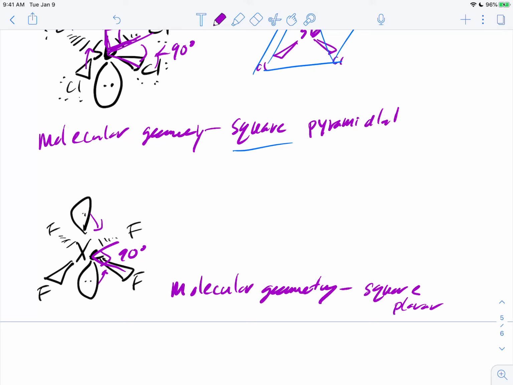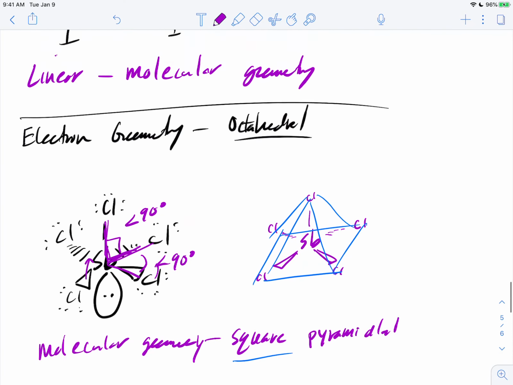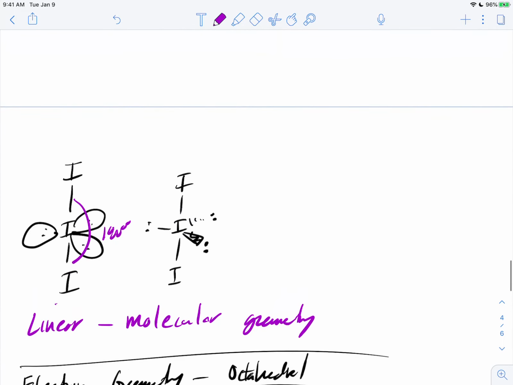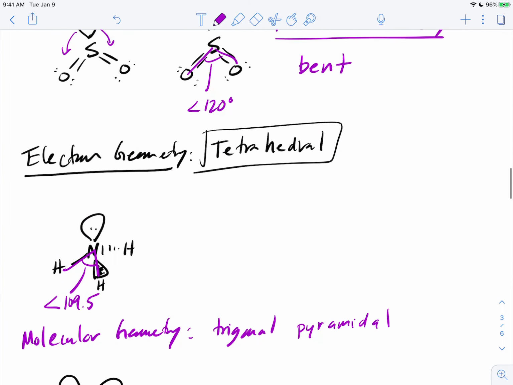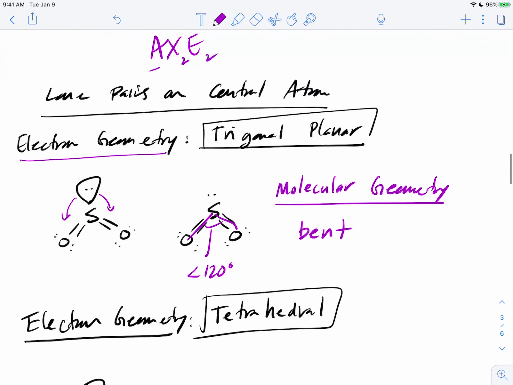So even though we could try to remove another atom, put another lone pair, we just don't see it often making stable molecules. So we only have 2 options there. So those are the different molecular geometries for the electron geometries for octahedral, for trigonal bipyramidal, tetrahedral, and for trigonal planar.